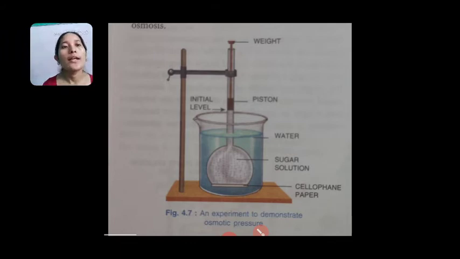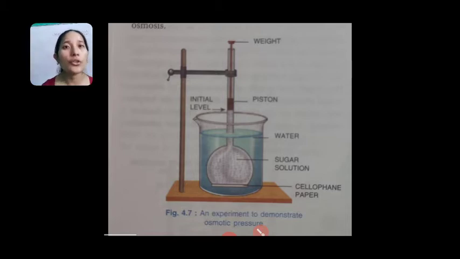We had a beaker filled with water, then a thistle funnel filled with sugar solution. The mouth of the thistle funnel was covered with a cellophane paper. Your cellophane paper here is acting as a semi-permeable membrane, and this setup was kept for about an hour. We would observe that the level of solution in the thistle funnel would be rising after a few hours.